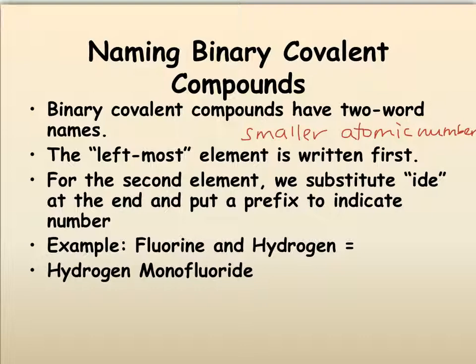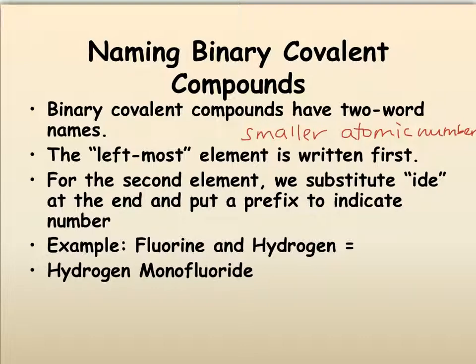For the second element, we substitute an "-ide" ending, just like in ionic bonding, but you also have to put a prefix to indicate how many, because there is more than one way to combine, say, carbon and oxygen. It depends on the type of bonds that you use.